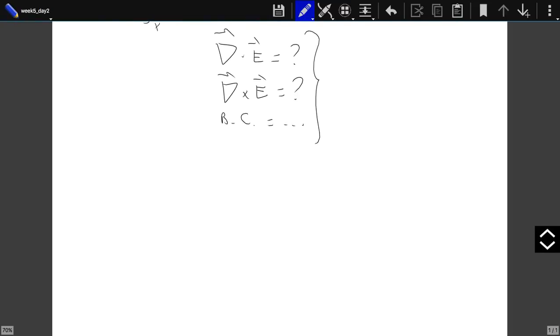Which one? Integral of minus gradient of p dot r over r to the 3, times r to the 2, times dr d omega.